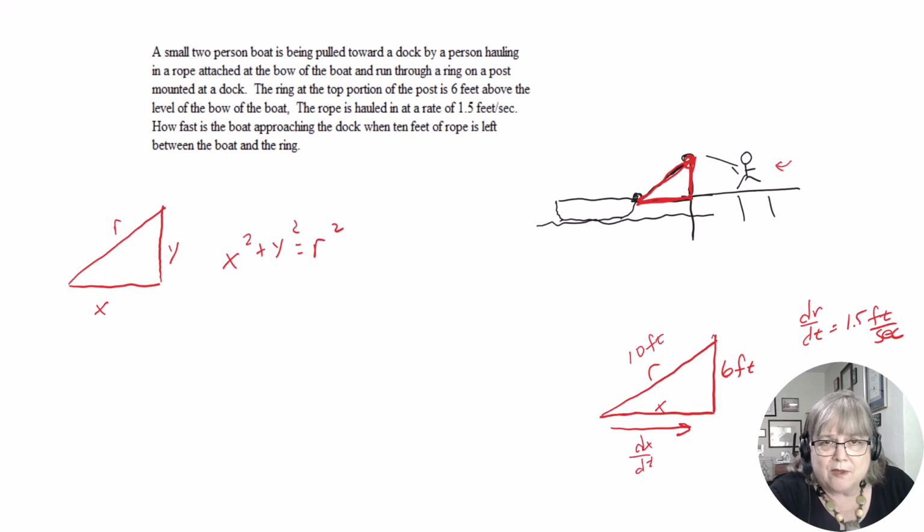It's the same relationship. The two cars driving away from each other used this same relationship. This is a very common relationship for anything that looks like it's got a right angle in it. So you might want to keep that thought in mind.